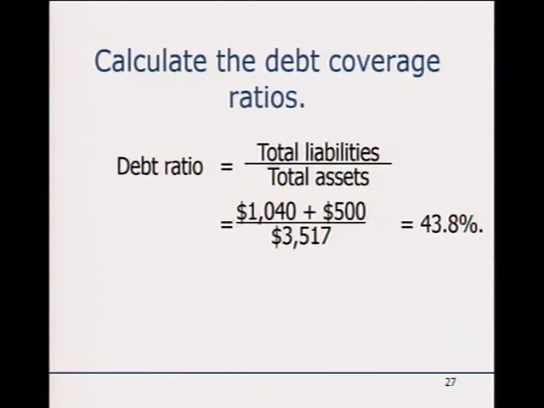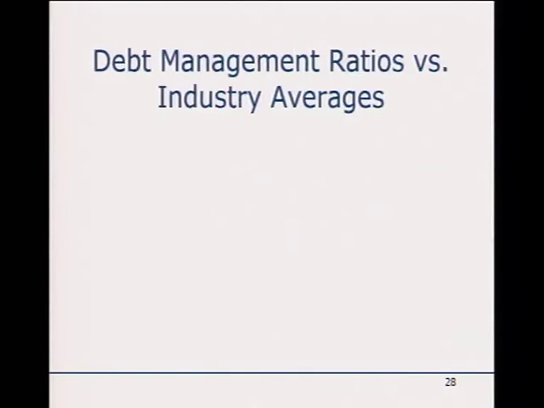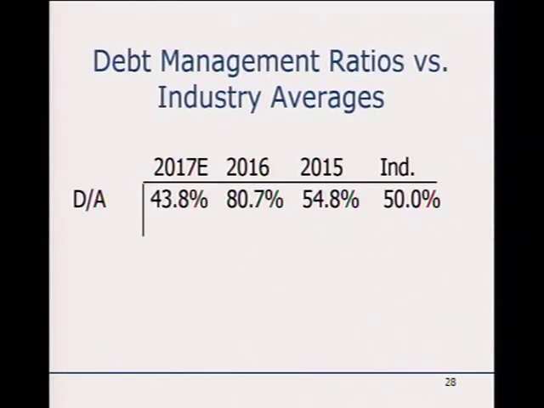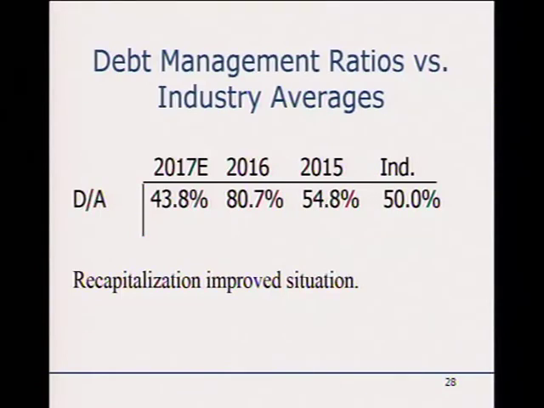Again, that won't make sense to us for the time being unless we compare it with the industry averages. How do we do that? Let's have a look at the situation. There we are. The industry average stands at 50%, okay? And compared to our 2015 performance, we stood at 54.8%. What does the 50% industry average mean?